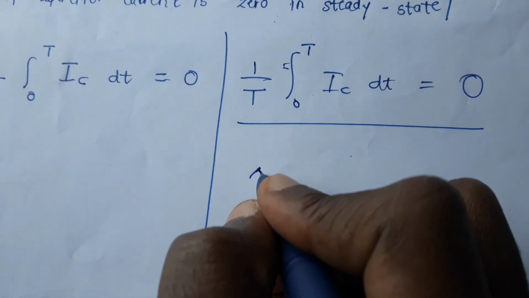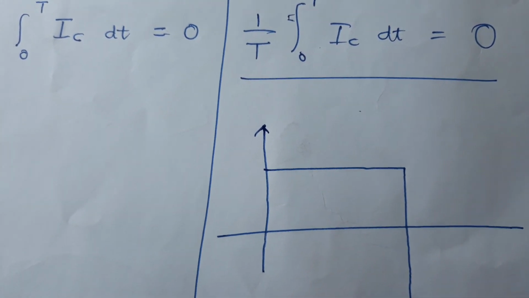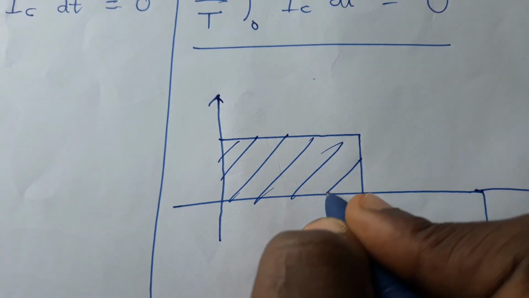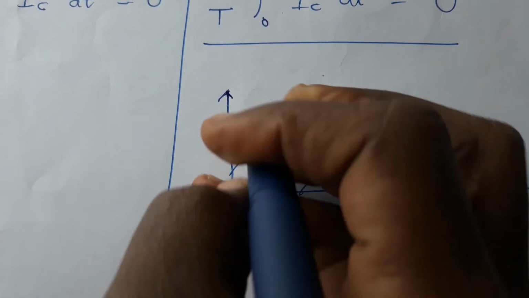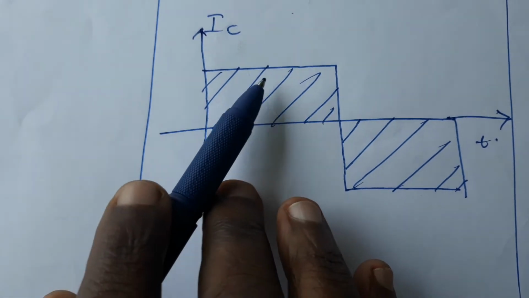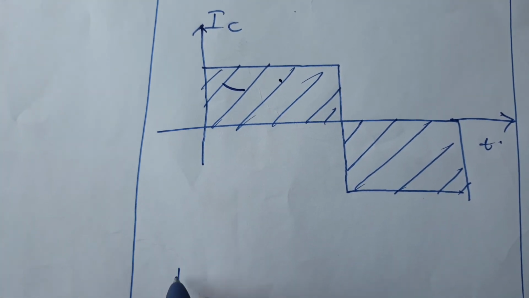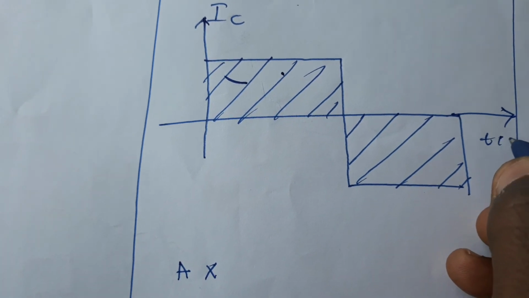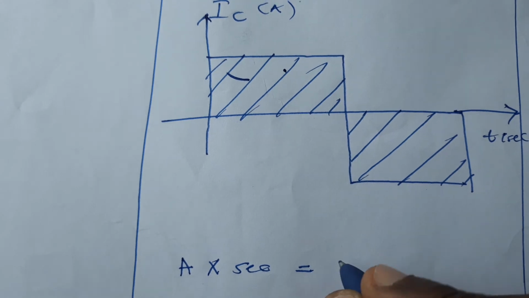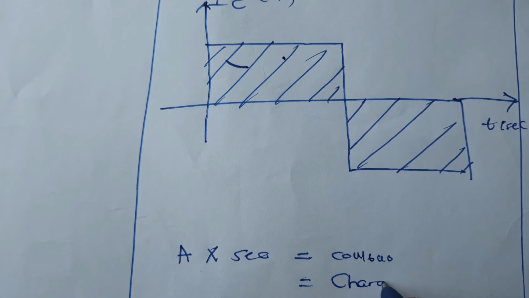Diagrammatically, we can draw it as follows. This is Ic, and you have time t. The area under the curve has the units of current, amperes, multiplied by seconds, so amperes times seconds, which is nothing but coulombs, the unit of charge.